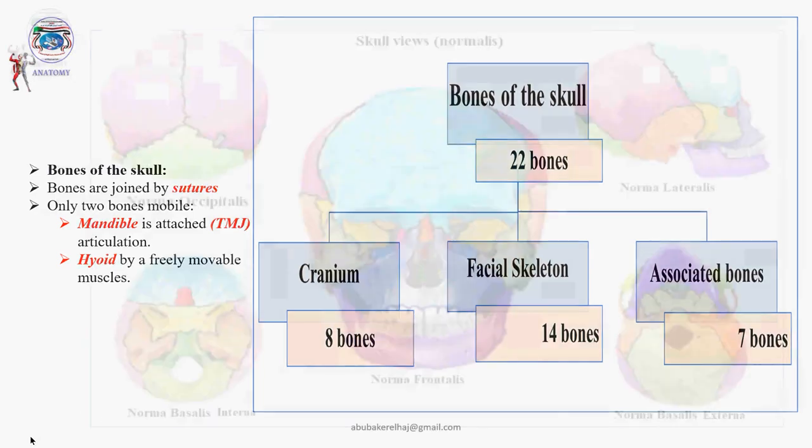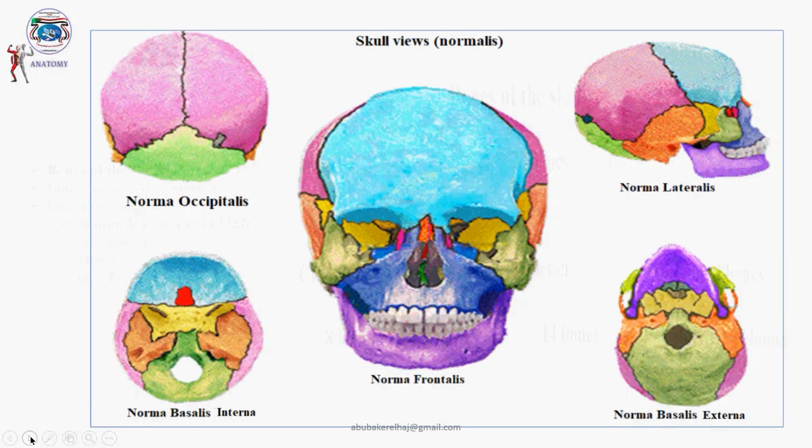Okay. This is the general view of the skull. We have the norma frontalis, that means the face-to-face position, and we have the posterior view, which is called the norma occipitalis. This name comes from the major bone which shares in the formation of the view.